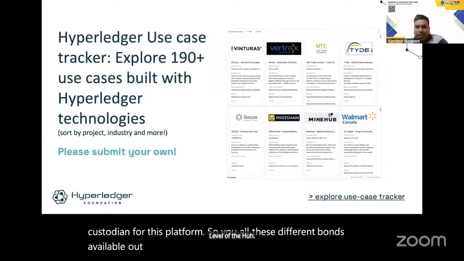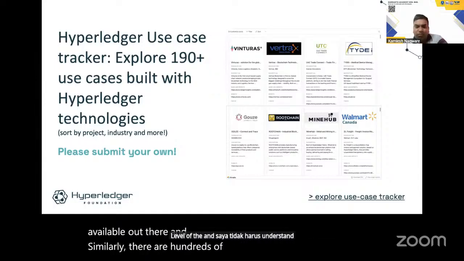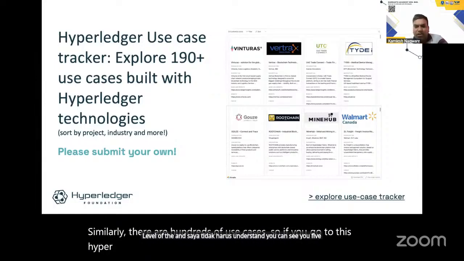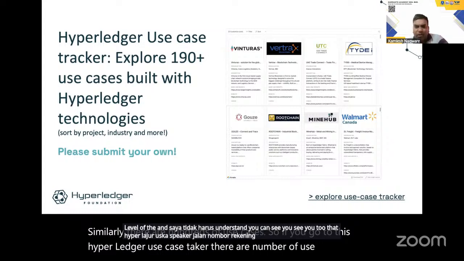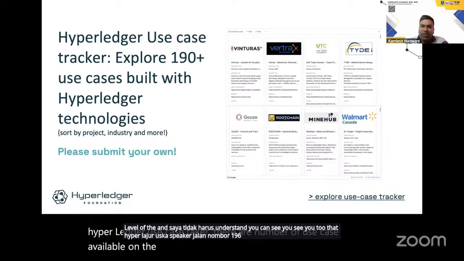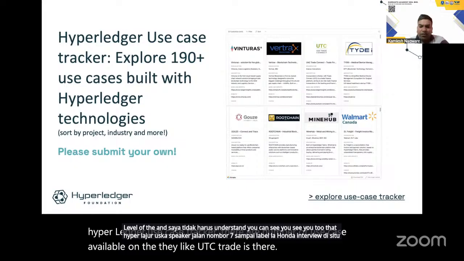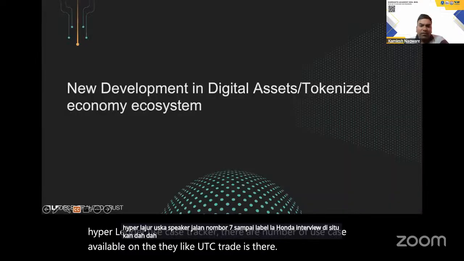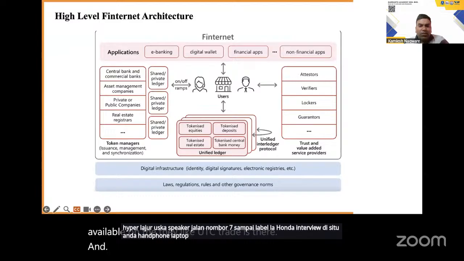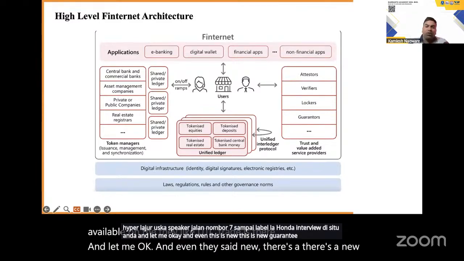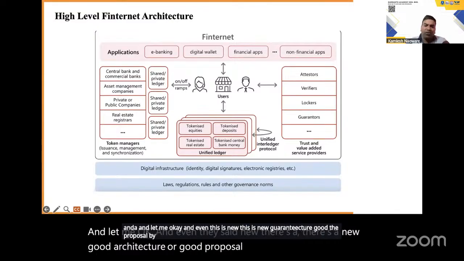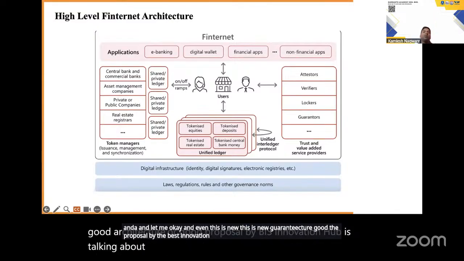And similarly, there are hundreds of use cases. If you go to this Hyperledger use case tracker, there are a number of use cases available, like UTC trade. And even there is a new good architecture or proposal by the BIS Innovation Hub, talking about everything being tokenized.